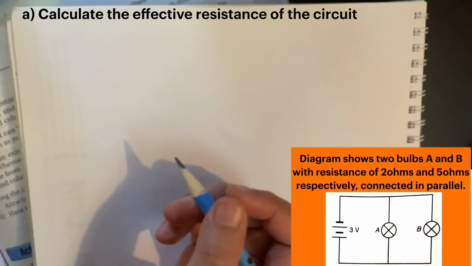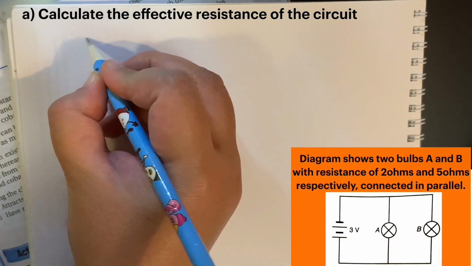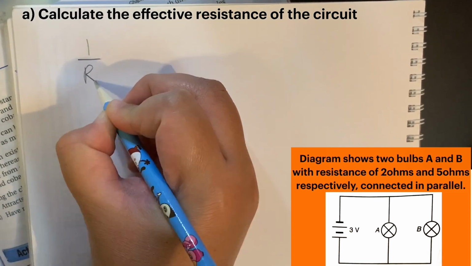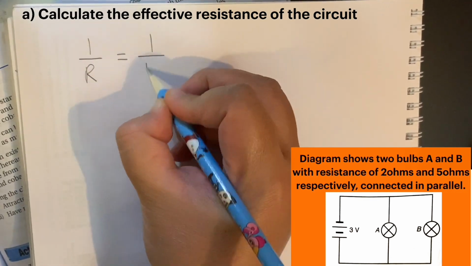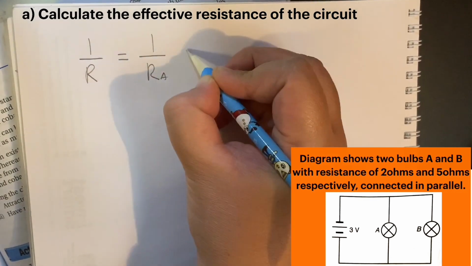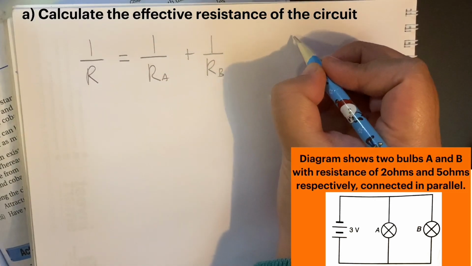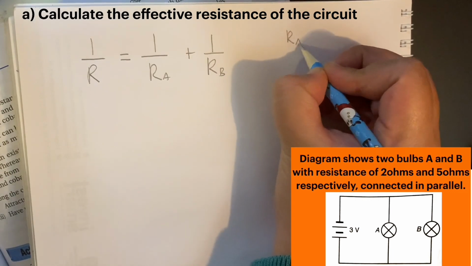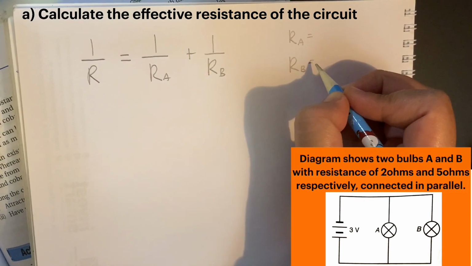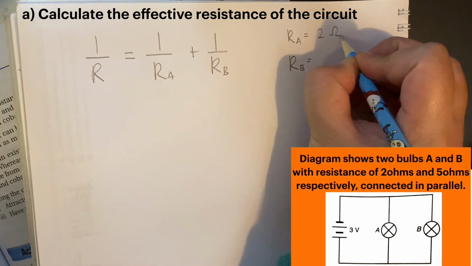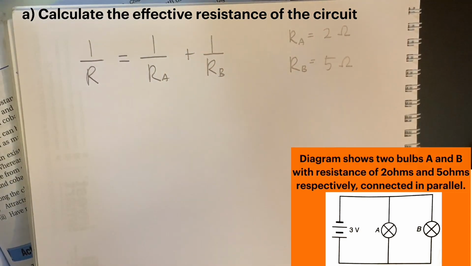The formula for effective resistance in a parallel circuit is reciprocal of effective resistance equal to reciprocal of resistance in bulb A plus reciprocal of resistance in bulb B. We know the value of resistance in A and B are 2 ohms and 5 ohms respectively.